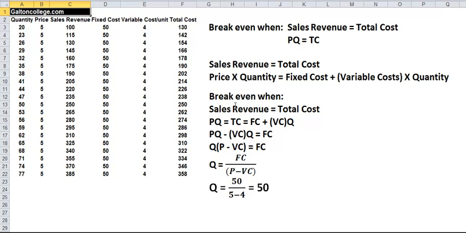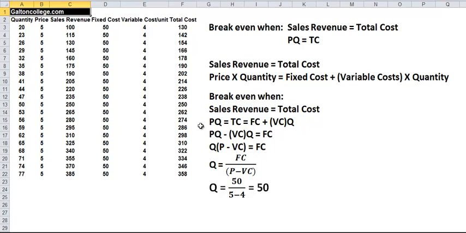In other words, price times quantity equals total cost, which is equal to the fixed cost plus the variable cost per unit times the quantity.